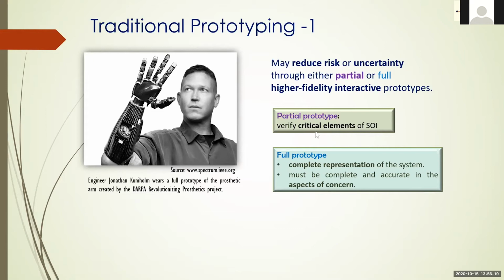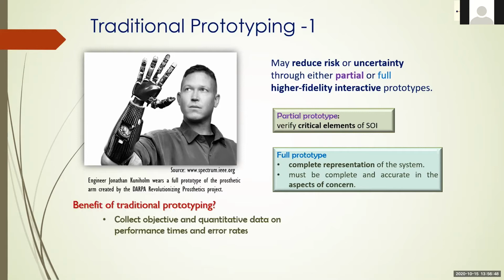And on the full prototype, you want to do a complete representation of the system, as complete and accurate as you can be. So you can imagine that doing a full prototype is almost like doing the whole system. But maybe your system is so big that you just want to do one part of it and make sure that your idea is correct, okay?